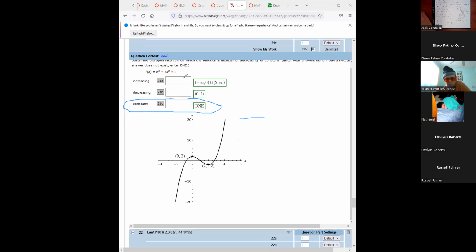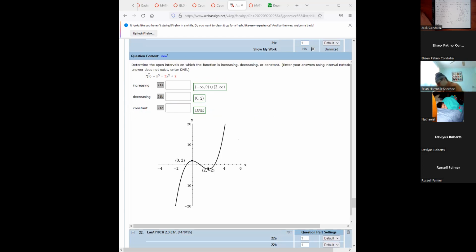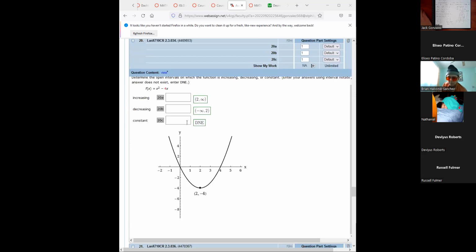They want actual intervals. If you look at the question, they said determine the open intervals where it's increasing, decreasing, or constant. We do not have an interval where we're constant. We have two single points. That's why it said does not exist. So even though we said there is a constant right at 2, it's not an interval.